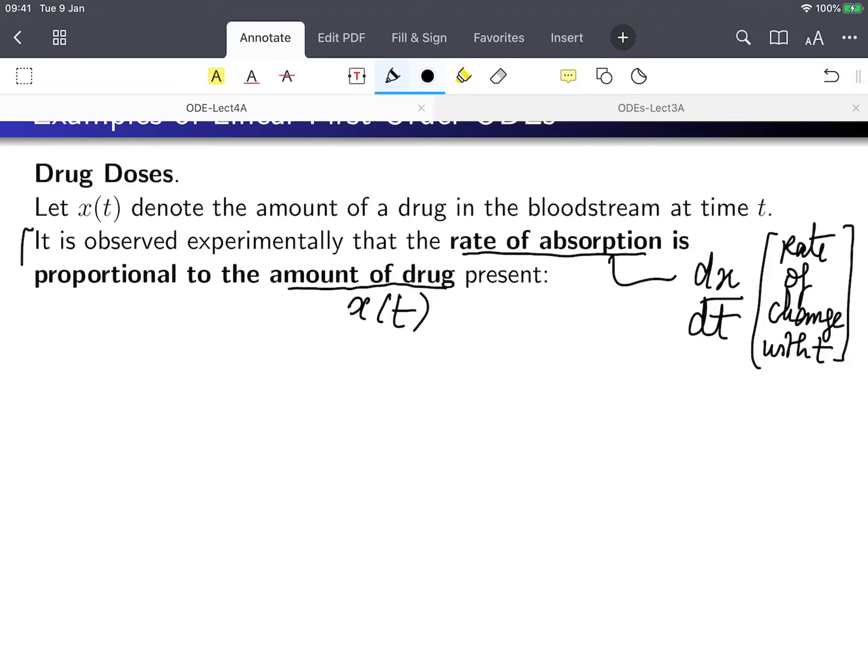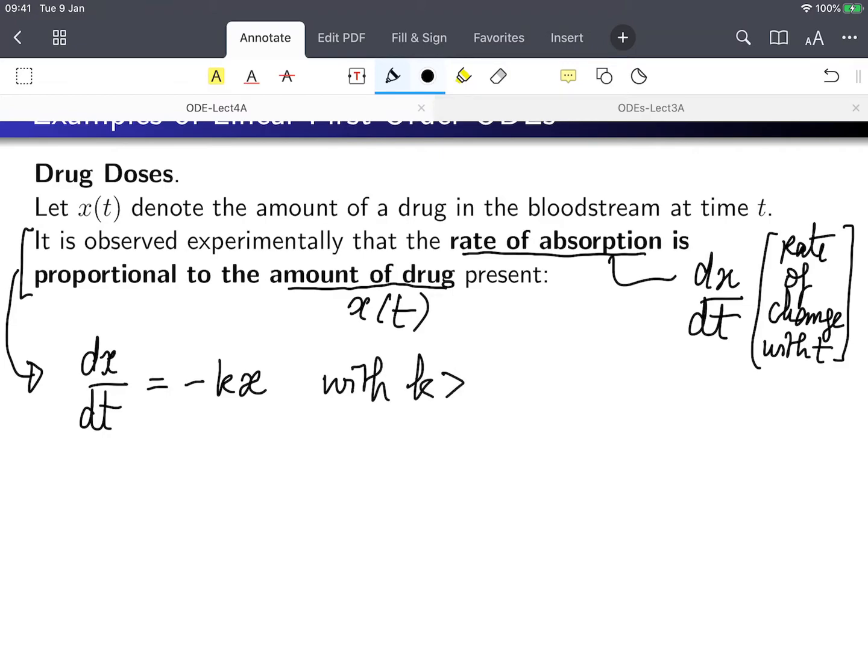So we're just going to write this empirical or experimental law. The rate of change, dx dt, is proportional, so I'm going to call k, or in fact minus k, is more convenient, the constant of proportionality.